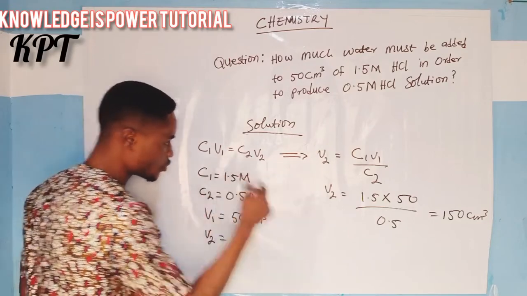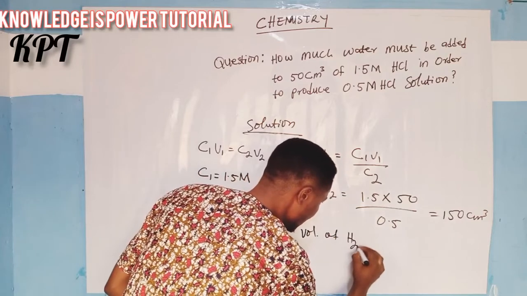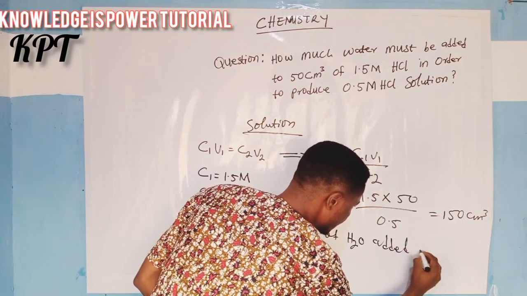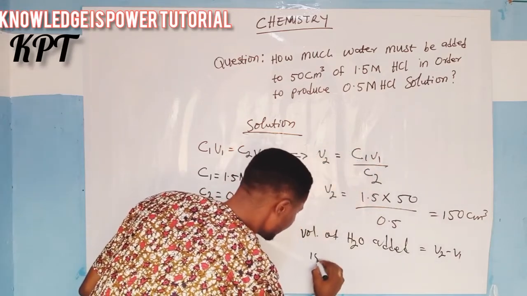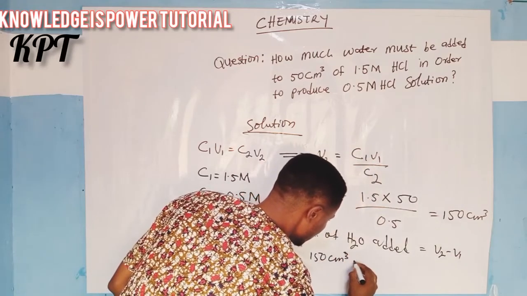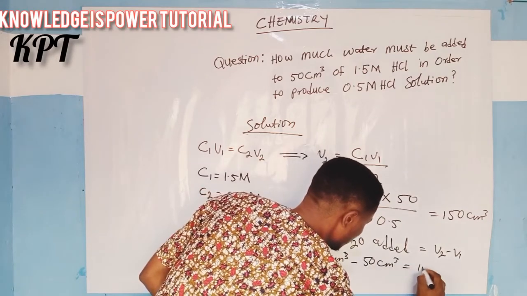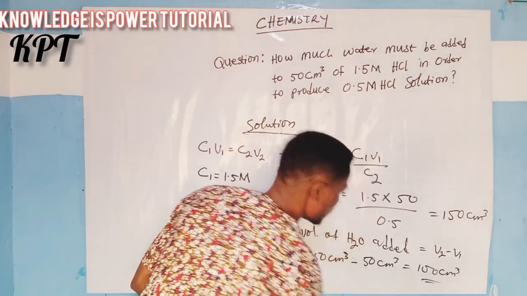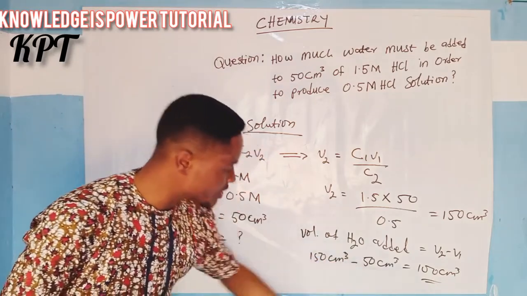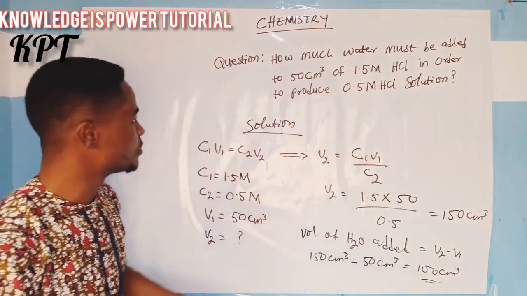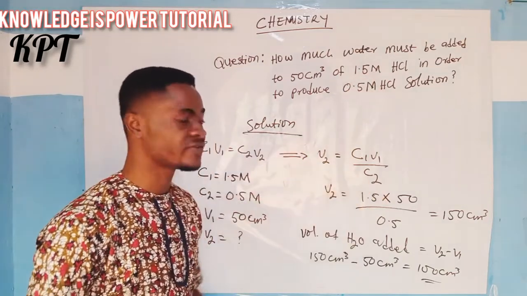So the volume of water added will be equal to V2 minus V1, which is 150 cm cubed minus 50 cm cubed, which is equal to 100 cm cubed. So finally, my dear people, 100 cm cubed is the volume of water used to reduce the strength of the acid from 1.5 mol per dm cube to 0.5 mol per dm cube.